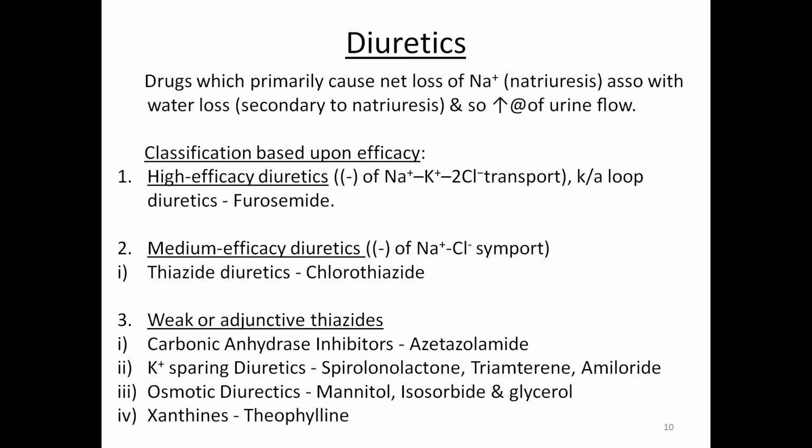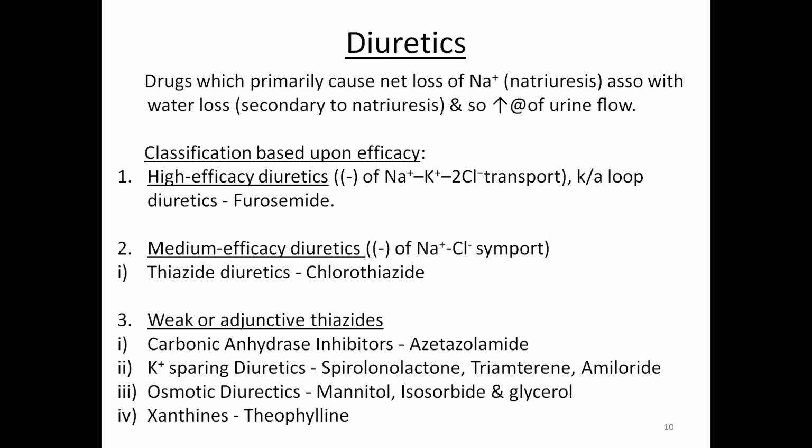I mentioned which diuretics act on which part of the nephron, so we've already learned a bit about that. Basically, diuretics are drugs which primarily cause net loss of sodium, or natriuresis, associated with water loss secondary to natriuresis, and so there is basically increase in the rate of urine flow.